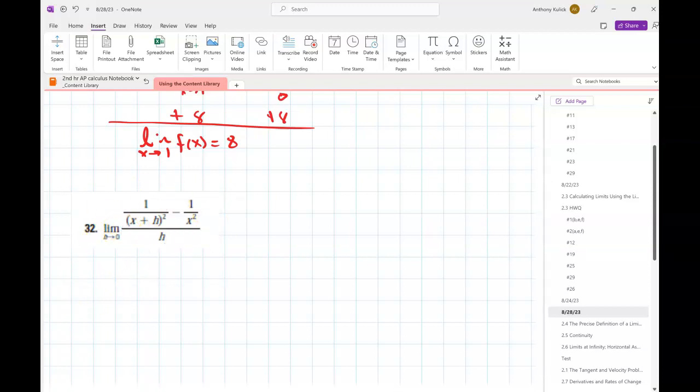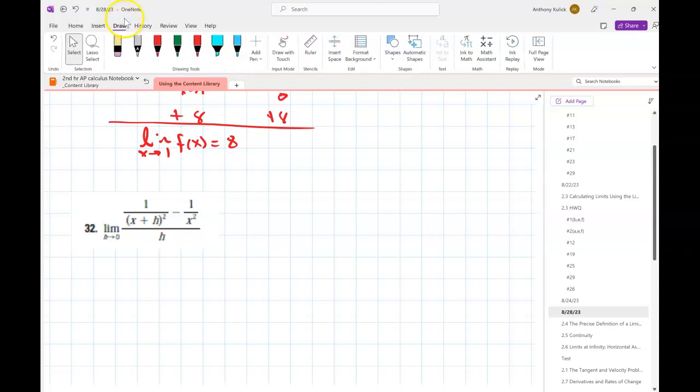So h is what I'm going to think about as my variable, and x is going to act more like a constant in this case. So my answer should have x's in it when I'm done, which is fine. It's not going to come down to a number because I have x's and h's, and h is what's going to 0. So the x will still be there.